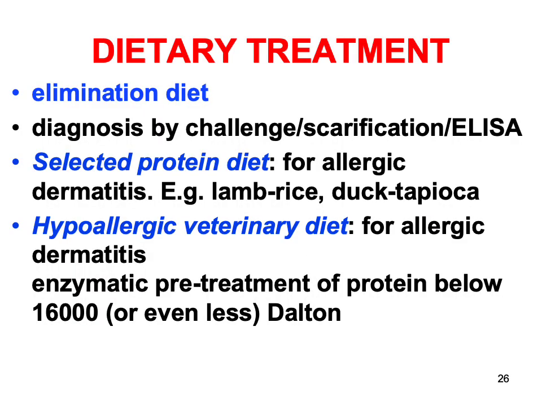The dietary treatment of the allergic skin disease starts with feeding an elimination diet. It is highly important to cure the problem and to know the cause of the problems. So we will give an elimination diet which consists of two sources, an energy source and a protein source.